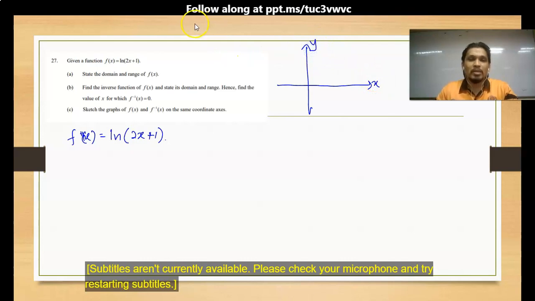This is our clue again. Let's say y equal to natural log of f(x).